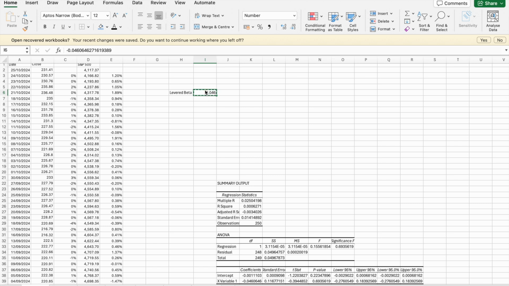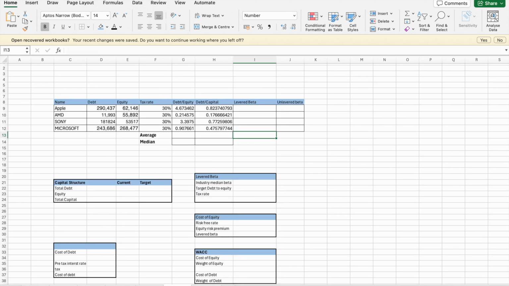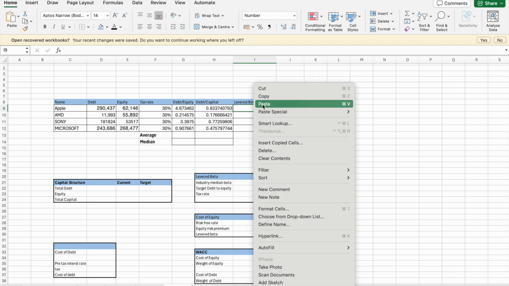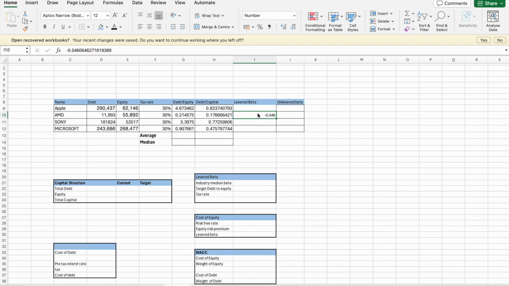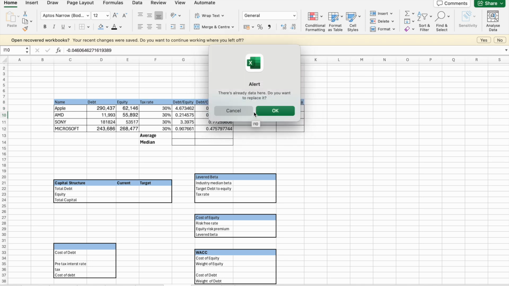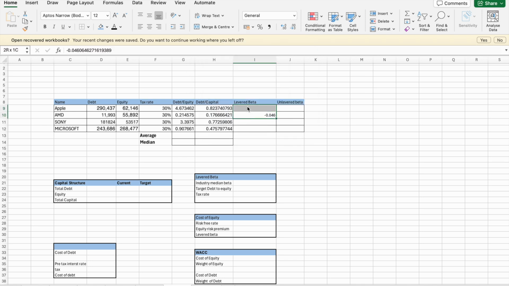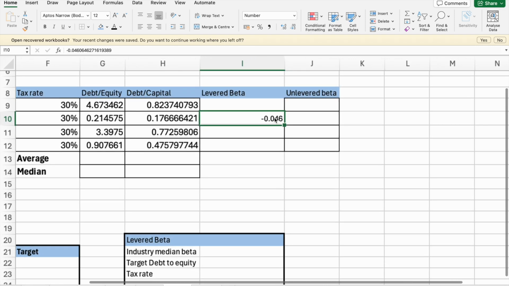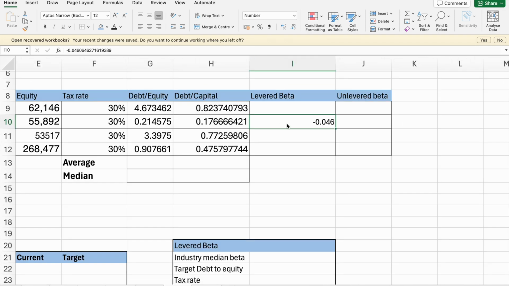So now we are going to take the data of the individual sheet, Apple, unlevered, levered beta. So sorry, I need to copy it again.